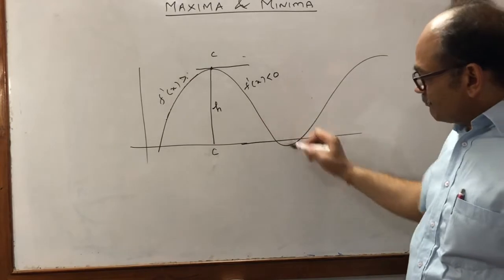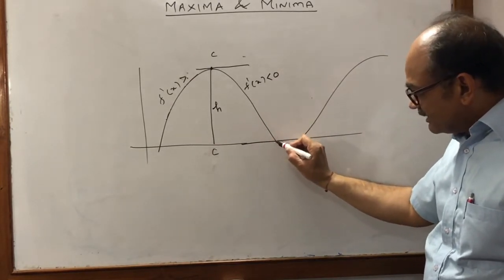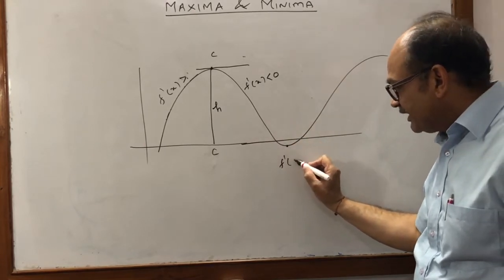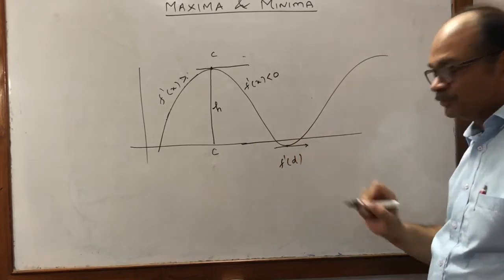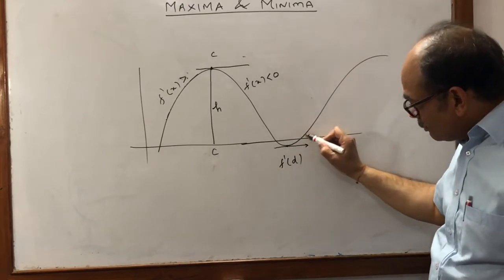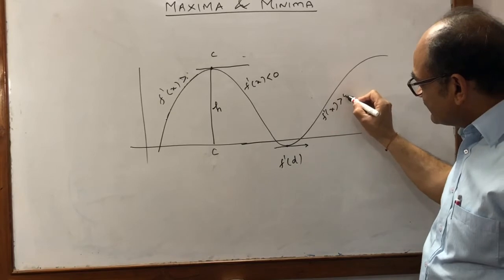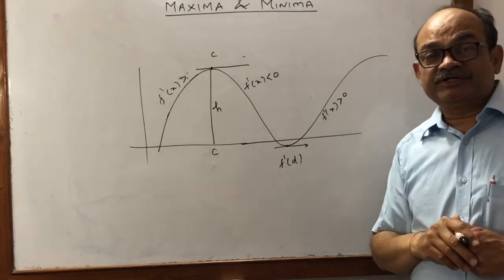Secondly, by the way, the function is now decreasing. And at a particular point, again f dash d, this line is parallel to the x-axis. That is the lowest point. And now f dash x is again increasing. So this D point is said to be the point of minima.